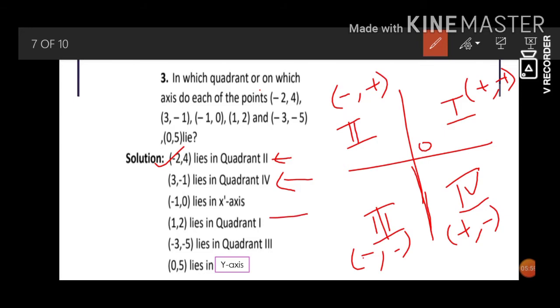Then minus 3, minus 5 has minus minus sign, so it lies in the third quadrant. And lastly 0 comma 5: 0 means the point lies on an axis and 5 means it is on the positive side, so the y-axis is the answer.